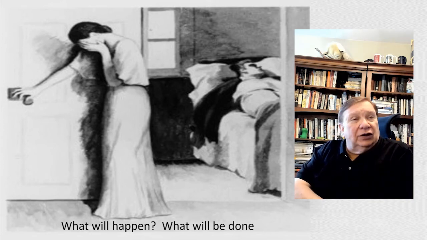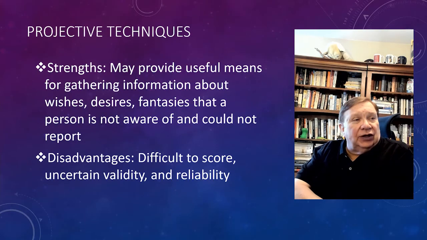So let's finally look at projective tests. The strengths of projective tests are that you can find out things about wishes, desires, and fantasies that a person may not even be aware of at a conscious level when he's reporting them. The problem is finding a good scoring system that is indeed valid.